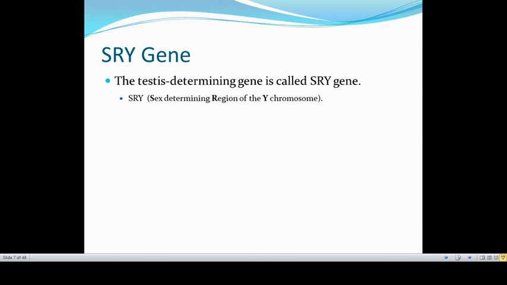The testis determining gene product is called SRY. SRY stands for the sex determining region of the Y chromosome.